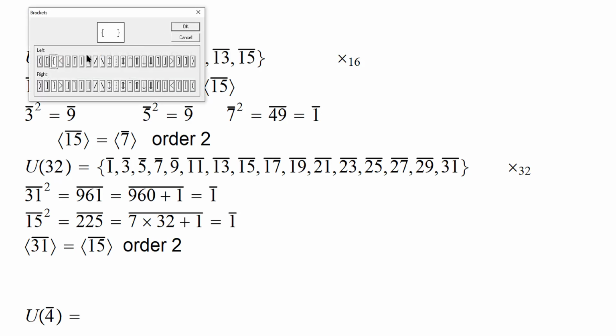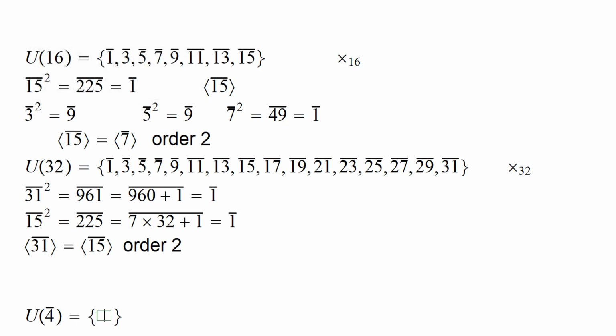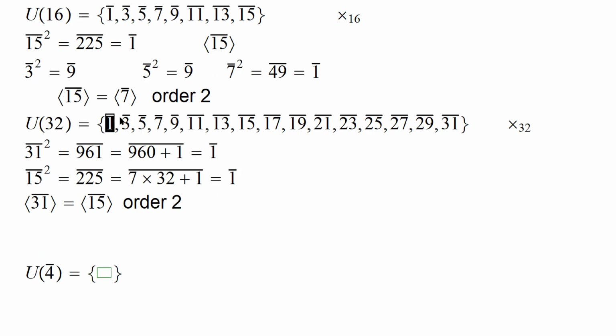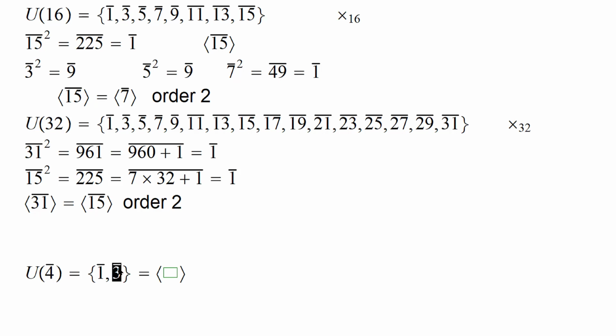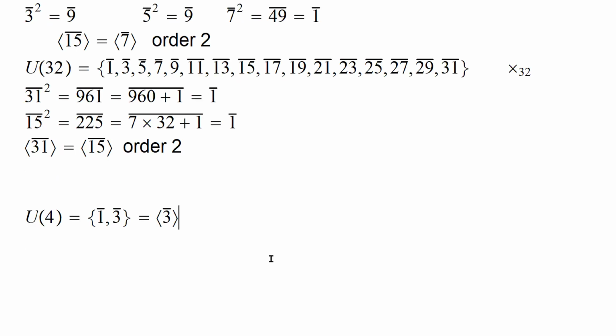And who was it? That was simply 1 and 3, right? Now this was cyclic because this was generated by 3, okay? So in here we have a power of 2, but the group is cyclic, right? I'm just feeling bad that I'm doing such long calculations.